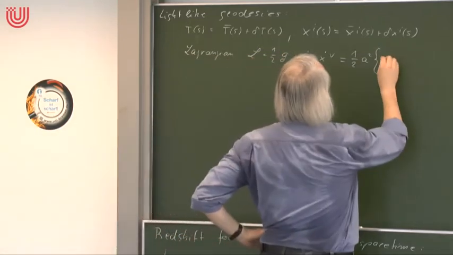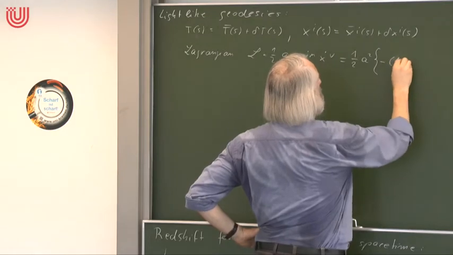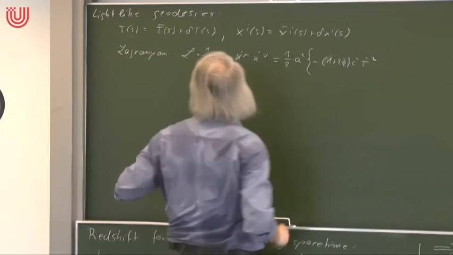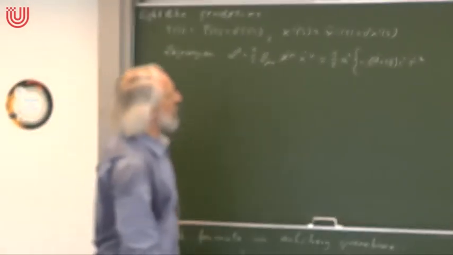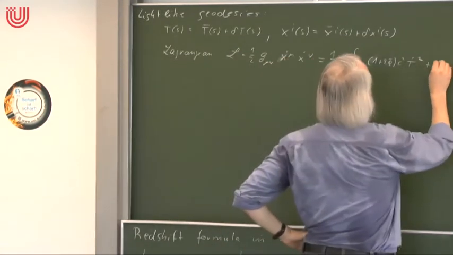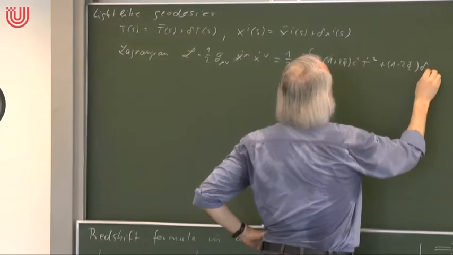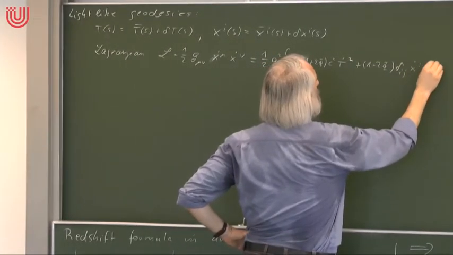So the metric is minus c squared, or let me begin with this term, 1 plus 2 phi over c squared, t dot squared. This thing here, taking derivative with respect to s, squared, plus 1 minus 2 phi, delta ij, xi dot xj dot.